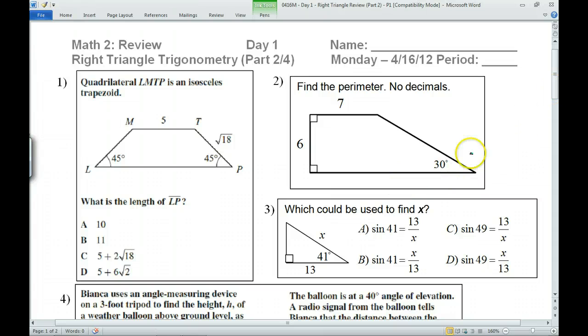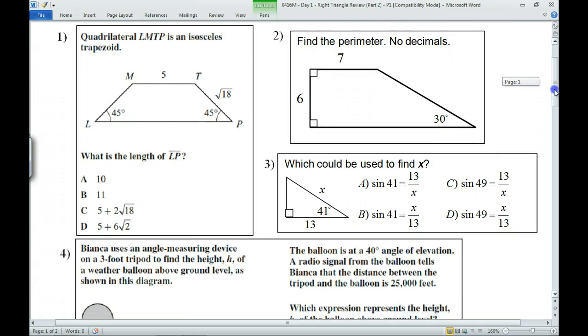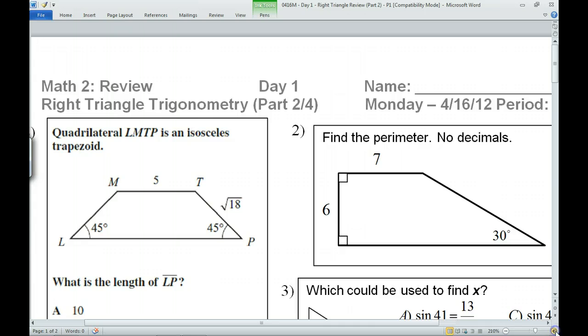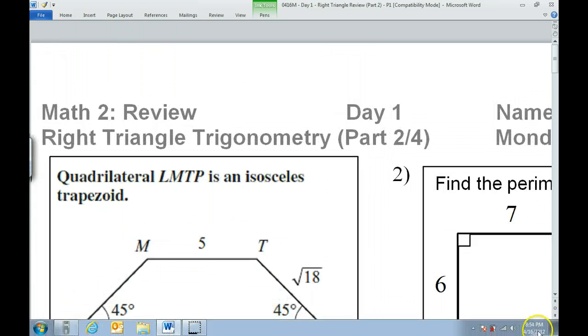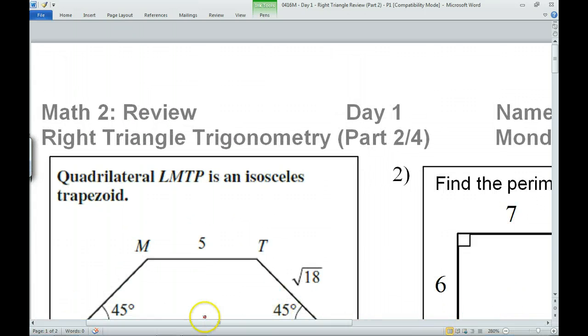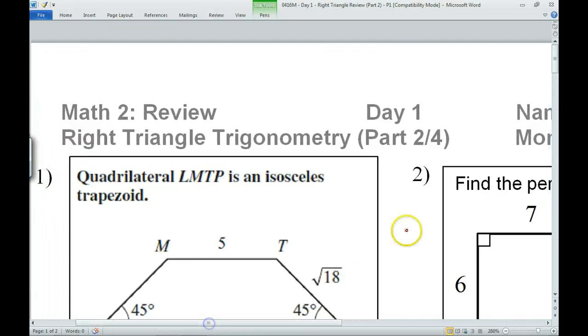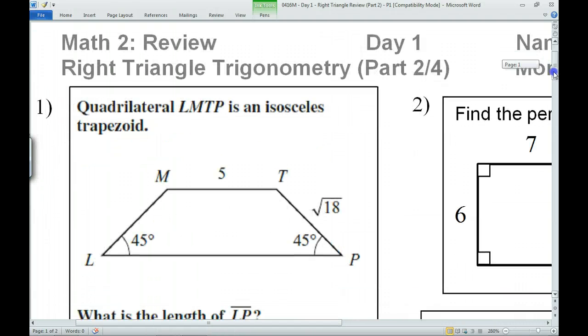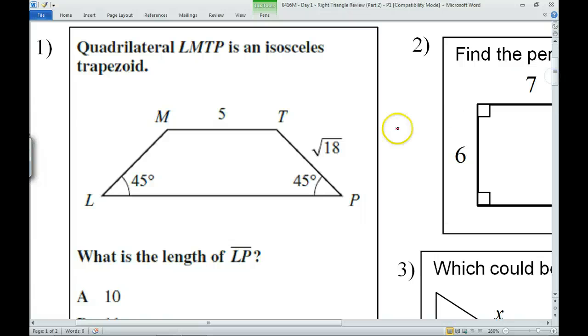I'll give you a minute to take out this sheet. Now hopefully you worked this sheet last night, so right now you're just checking your answers as I go along.